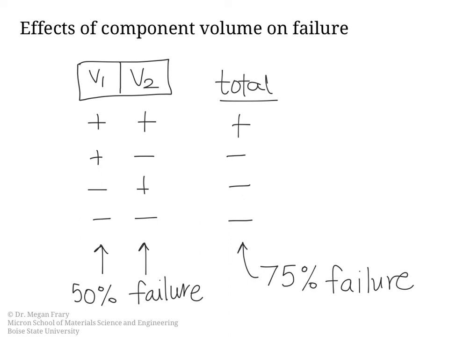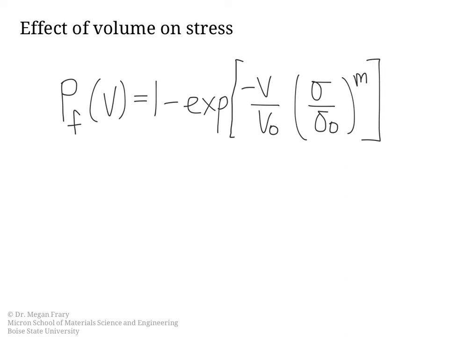I'm not going to go through the full derivation here because it's in the textbook if you're interested in seeing. But we can essentially say that the probability of success becomes the cumulative product of the probability of success of each of the subvolumes. In the end, we end up modifying the equation for the probability of failure to look like this.